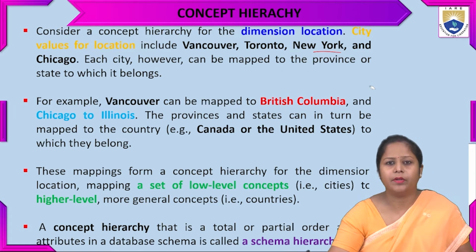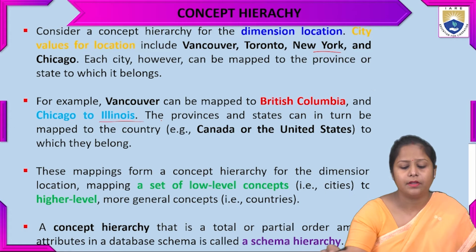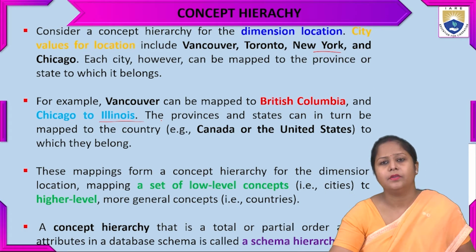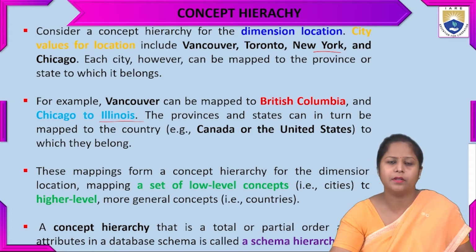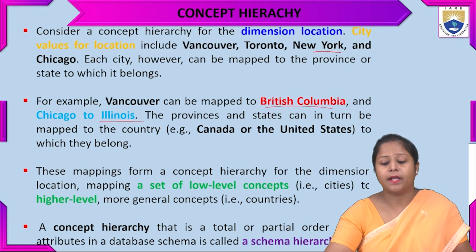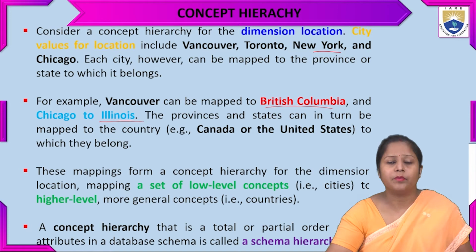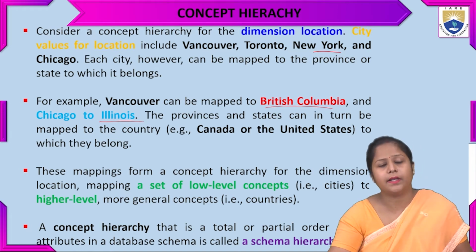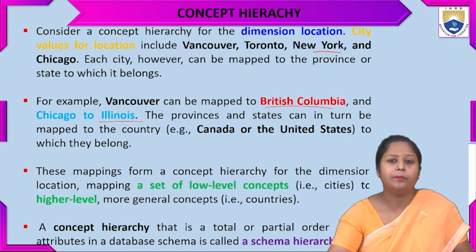And if there is a city Chicago, that will be mapped to the state Illinois, right? So these states and provinces like British Columbia and Illinois will in turn go to the country. It will be mapped to the respective country to which it belongs.